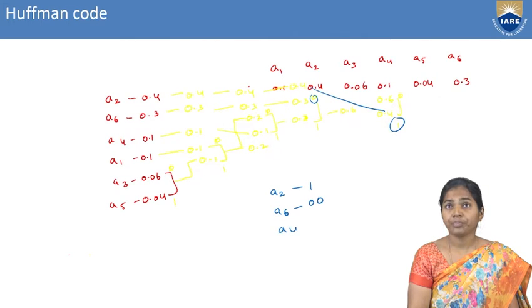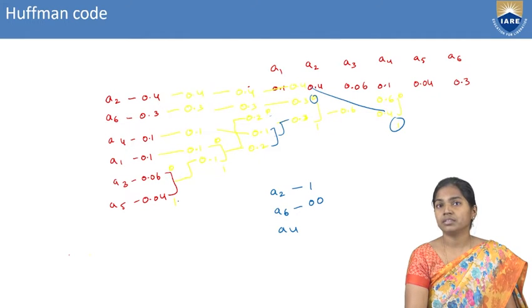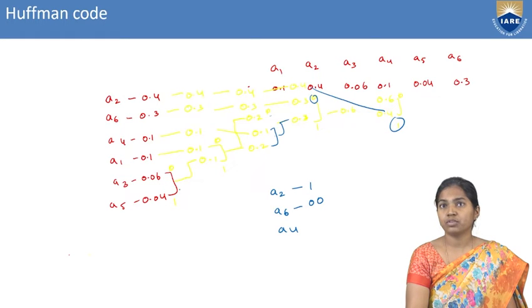For A4, 1. Add these two: 0.06 plus 0.04, here it is 0.1, and 0.1 as it is, 0.1, 0.1, 0.2.